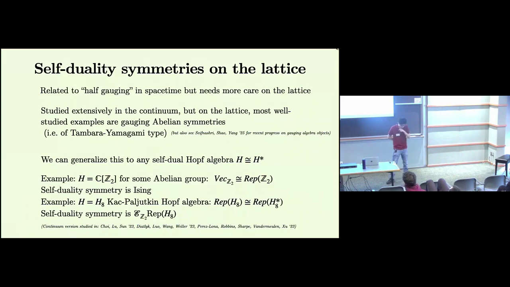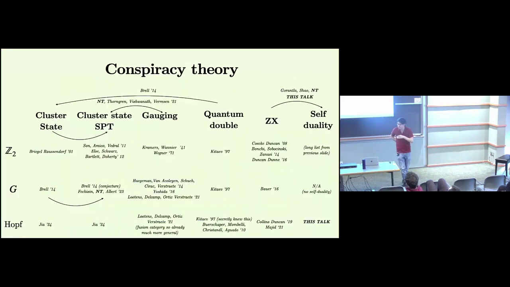Okay. So before I continue, I just wanted to point out a little conspiracy theory of mine, which is that there's a bunch of stuff that are really related to each other. People have been studying cluster states, the fact that it's an SPT, the fact that you can relate it to gauging, which we recently pointed out. And all of these are also related to the quantum double. In the quantum information community, people have been studying something called ZX calculus, and it's closely related to Hopf algebras.